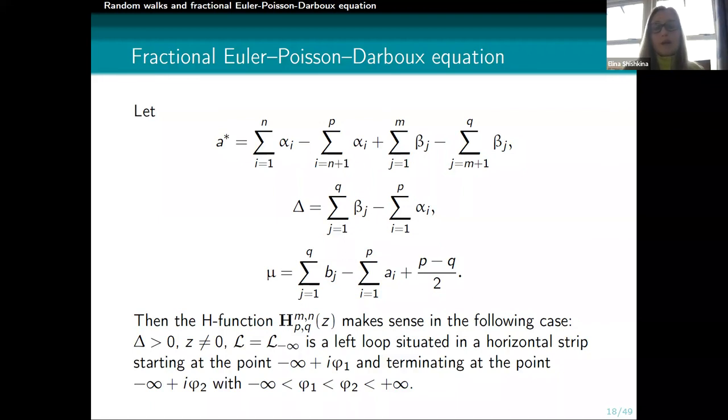In the literature, for example, in the book of Professor Kiryakova or in the book of Kilbas and others connected to H-transforms, we can find other cases when this H function makes sense. But here only one case is important for me, because I considered only H functions with such kind of parameters, and this case is important for me.